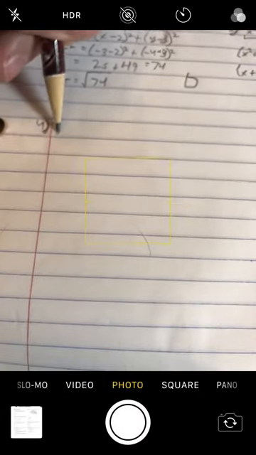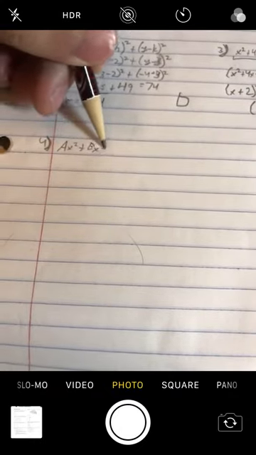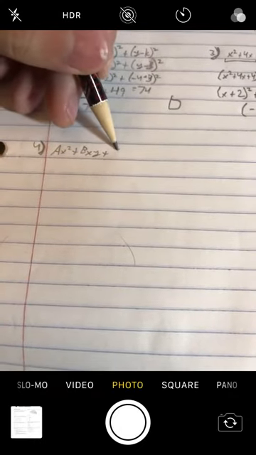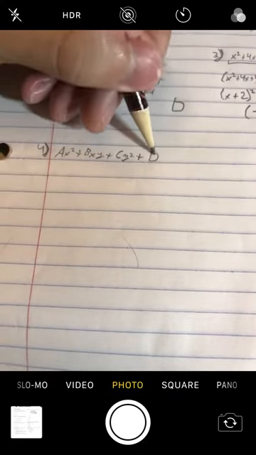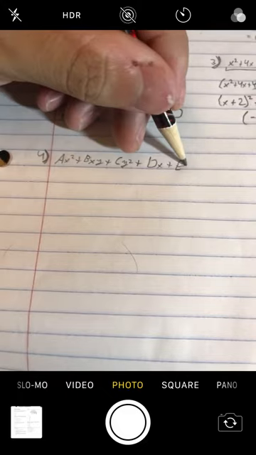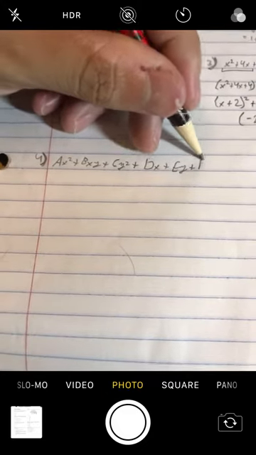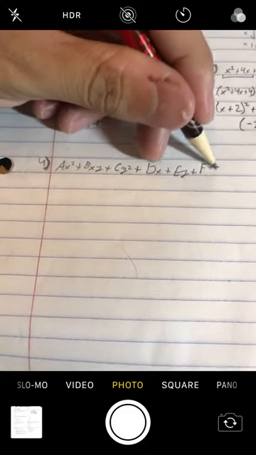So the general form of an ellipse is ax squared plus bxy plus cy squared plus dx plus ey plus f is going to equal 0.